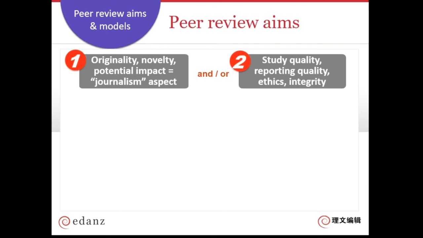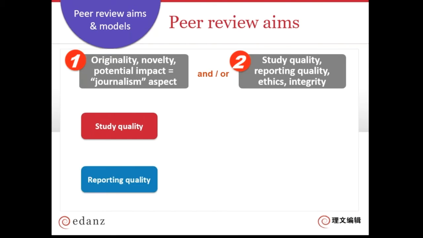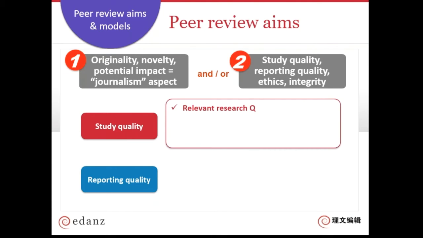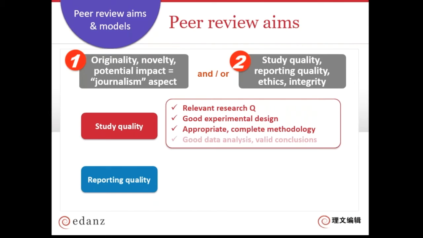So let's have a look at study quality and reporting quality. Peer reviewers should be looking for a relevant research question, good design, good methods, and enough detail for other people to repeat the work, and good data analysis with valid conclusions.